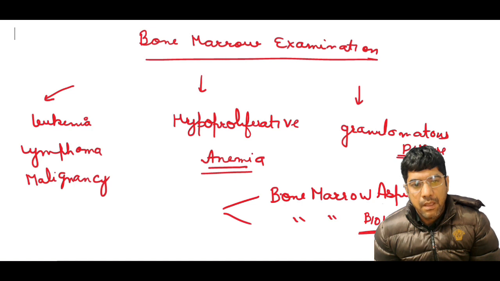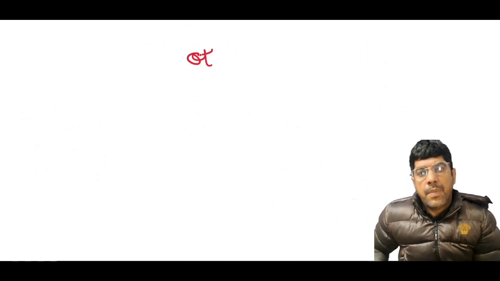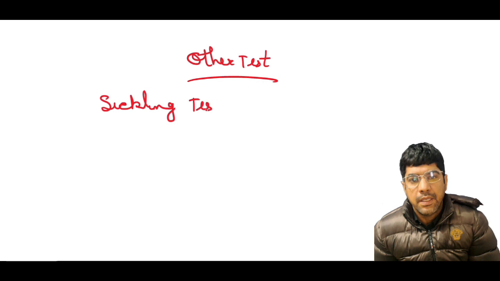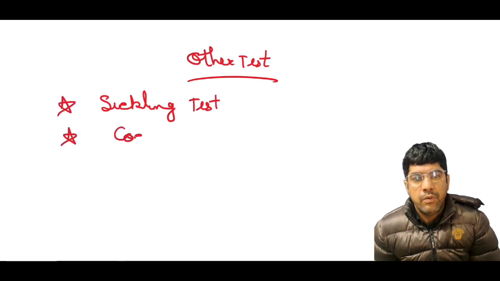The bone marrow biopsy obtains a solid bone marrow tissue, and it is evaluated for architecture, cellularity and further histopathological examination. Apart from that, you can do an additional test with the bone marrow samples, flow cytometry, in order to diagnose hematological malignancy.